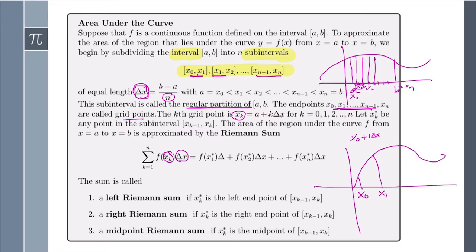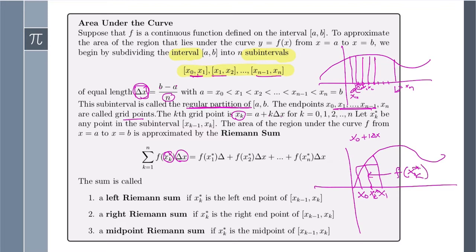Let's say I pick here x sub k star, then this is the height of my rectangle. That means I'm going to construct the rectangle like this. And so this height of the rectangle is given by the y value of the function at that chosen point, which is x sub k star.